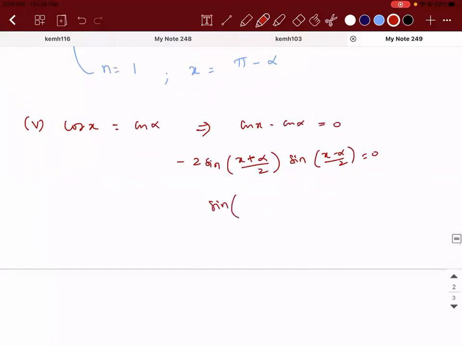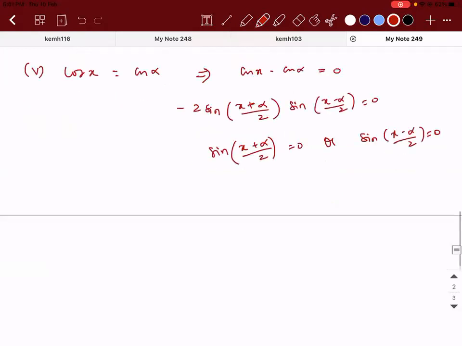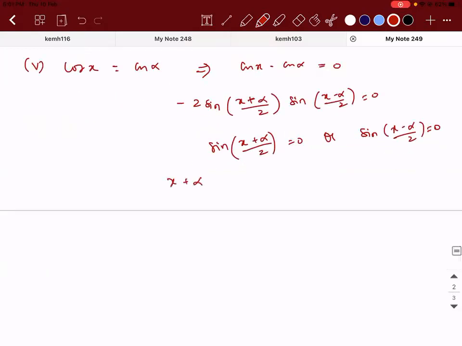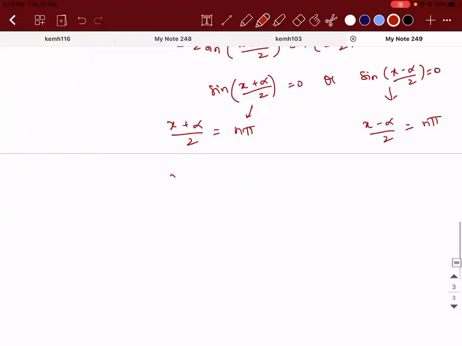So sin of (x plus alpha) by 2 is 0, or sin of (x minus alpha) by 2 is 0. Correct? Then what will (x plus alpha) by 2 in this case be? n pi. And (x minus alpha) by 2 in this case will be n pi. So x plus alpha will be 2n pi, x minus alpha will be 2n pi.